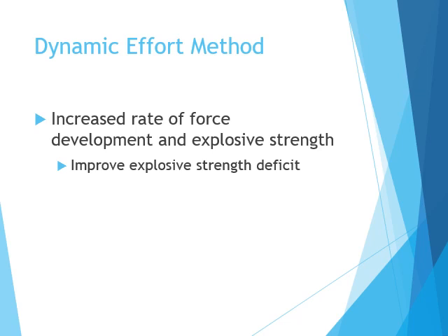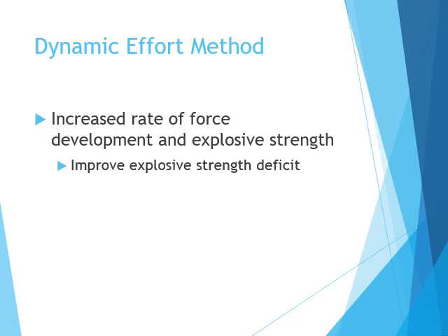Usually the percentage range for this is anywhere from 30 upwards to 70%, depending upon the type of lifts. When I'm referring to those percentages, that's of a 1 repetition max. So anywhere from 30 to 70% is usually where you'll be, and you'll be somewhere in the range of 1 to 5 reps.